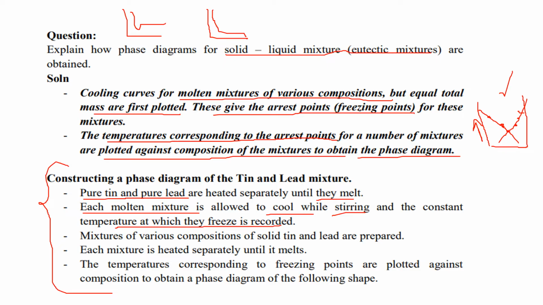Now after that, we are going to start preparing mixtures, making sure that they have various compositions, but all in all, they must have equal total mass. In each and every mixture, the total mass must be 50 if we have said to use 50 grams.